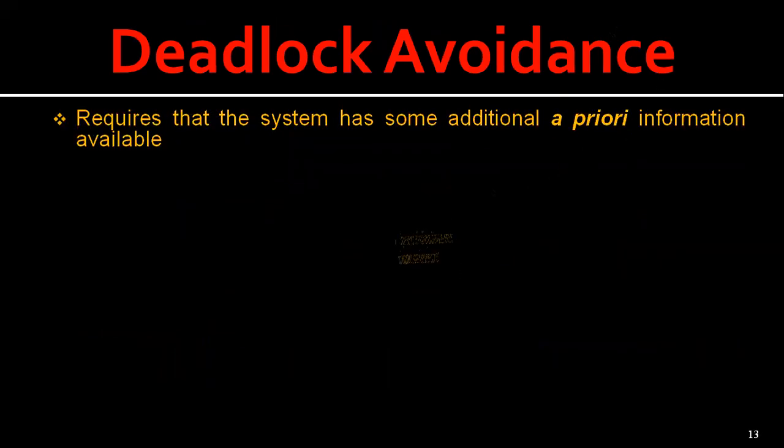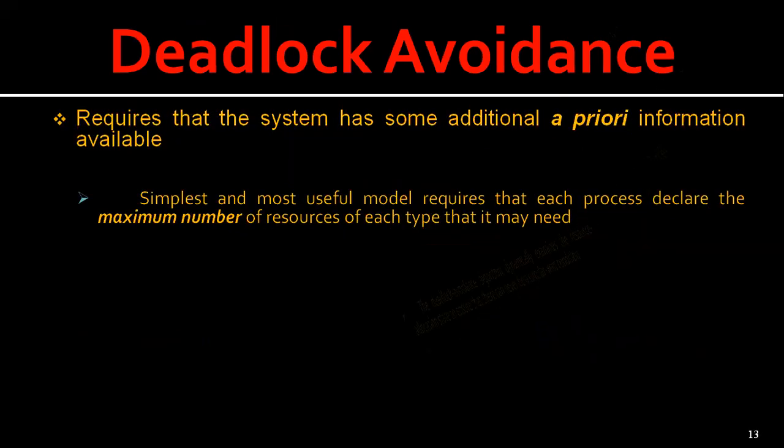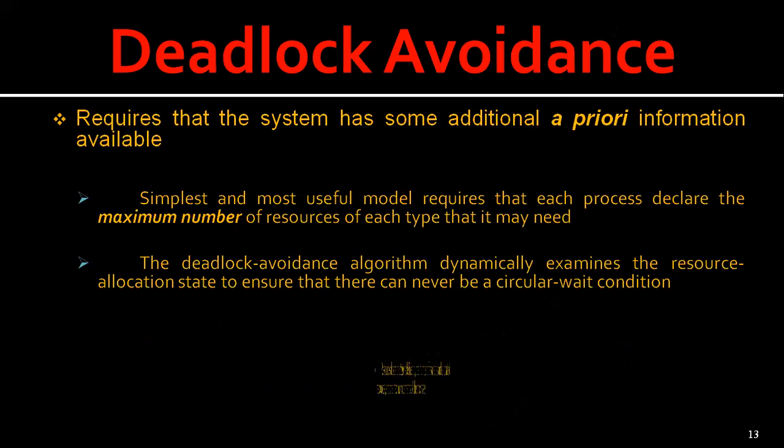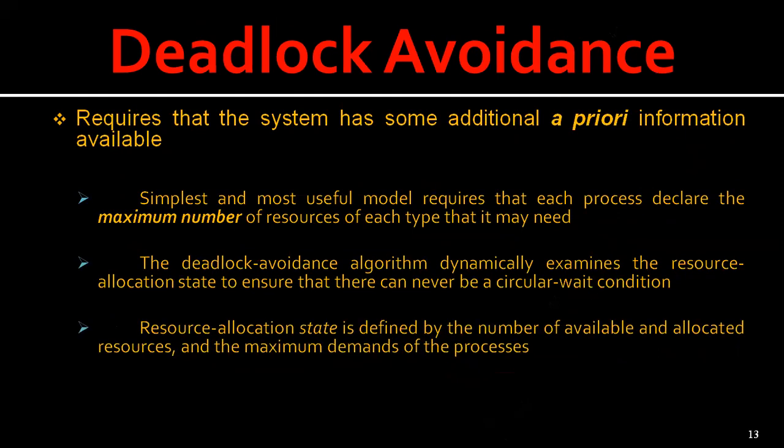Now let us see deadlock avoidance. It requires that an operating system be given in advance some additional information regarding which resources a process will request and use during its lifetime.